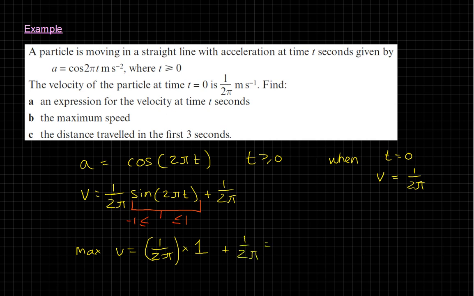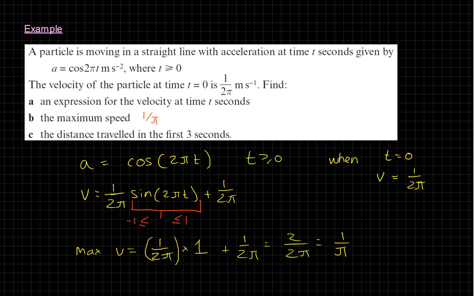Which in other words is just 2 lots of 1 over 2 pi, which equals 1 over pi. And therefore, that's our maximum velocity. You could work out 1 over pi, get something like about a third, but keeping it as 1 over pi is fine. Okay, and that's our answer. Let's make a note of that actually. 1 over pi there.